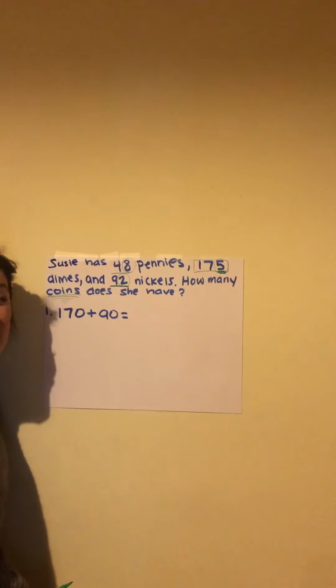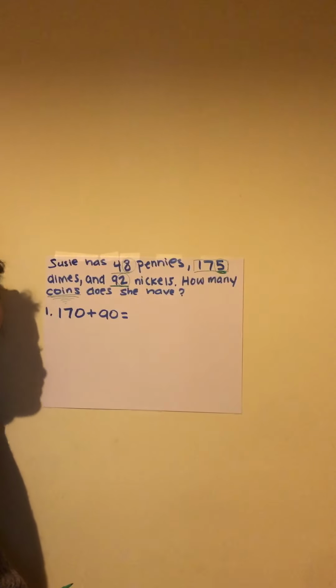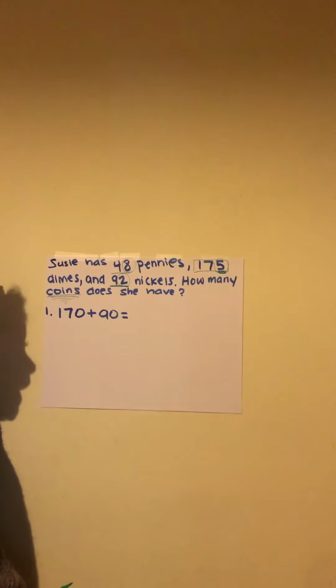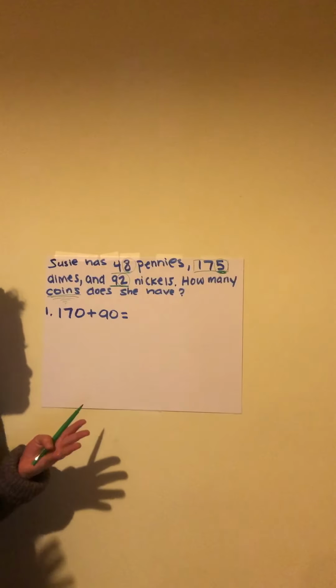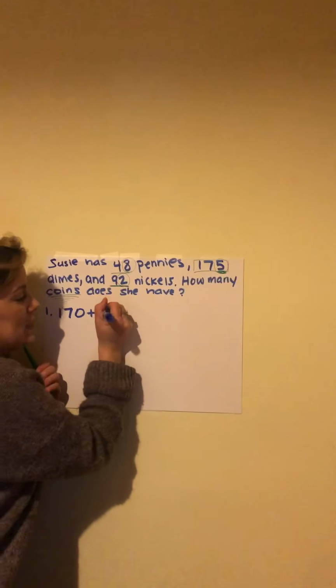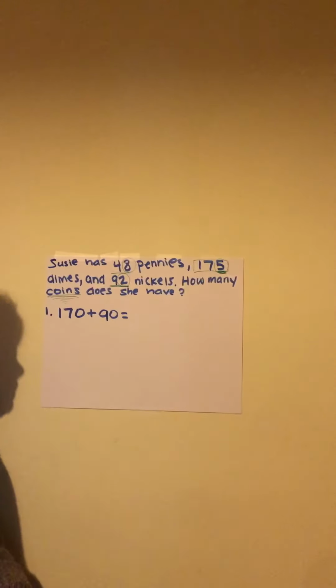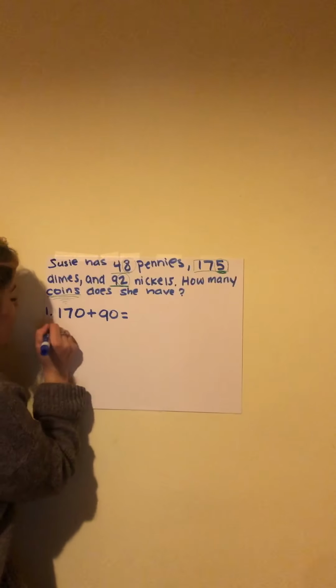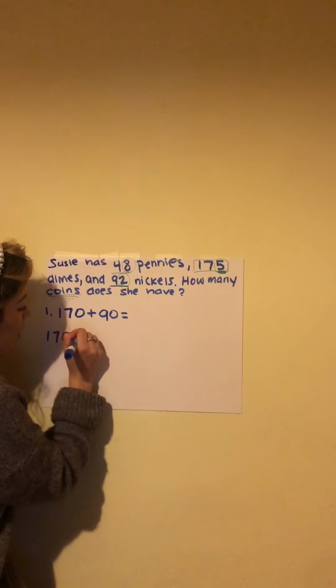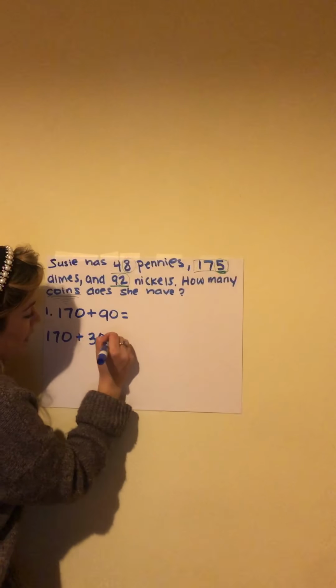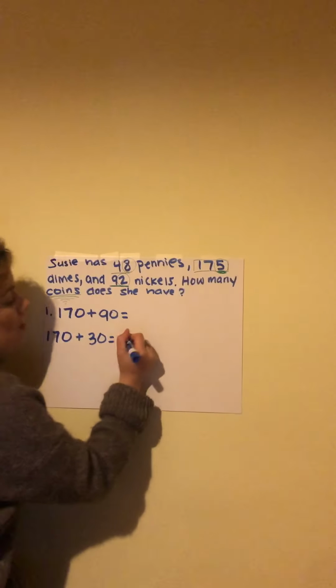This is a really big jump. It's not really that easy to add by big numbers, so I'm going to try to break this 90 down into smaller numbers. I do that by going like this: 170 plus 30, and that gets me to my friendly number of 200.